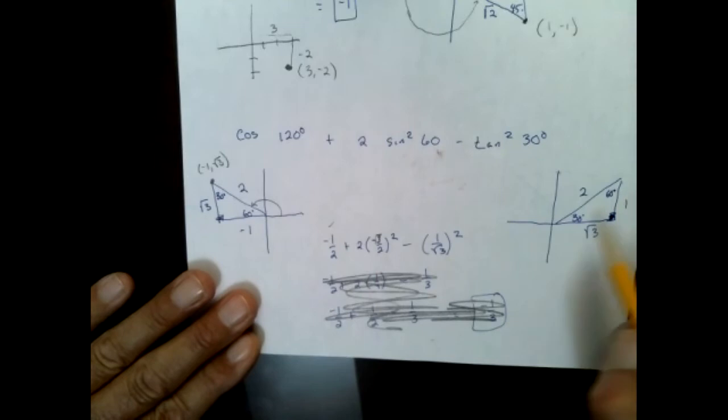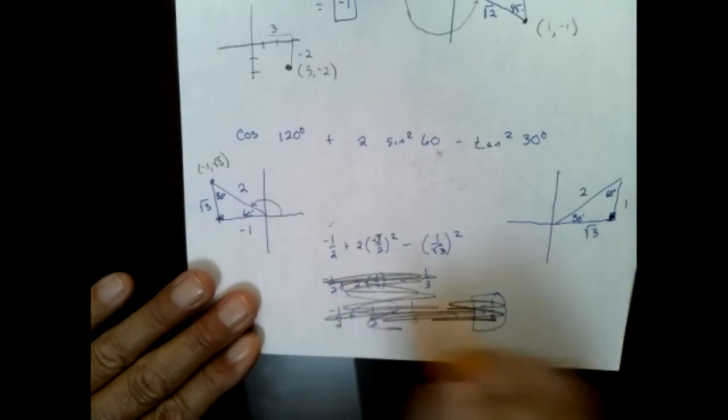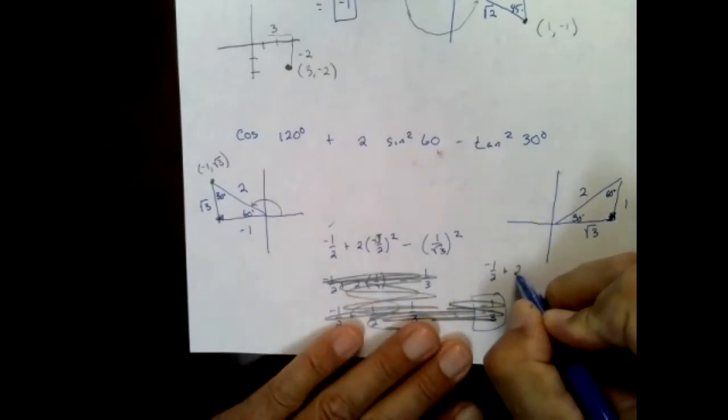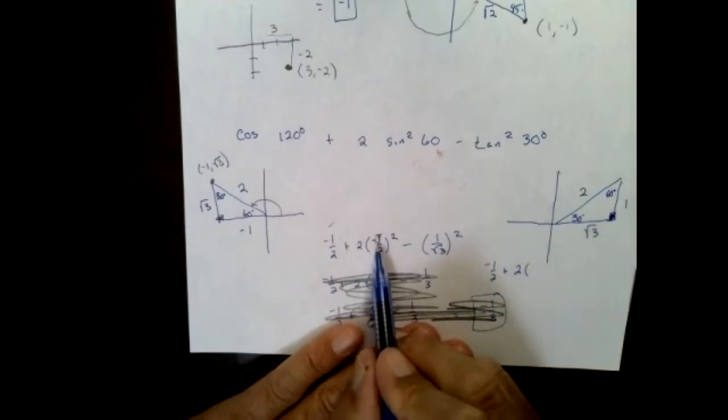And then finally, the tangent of 30, opposite over adjacent. So now I have a little algebra problem to take care of. -1/2 plus 2 times the square root of 3 over 2 squared.